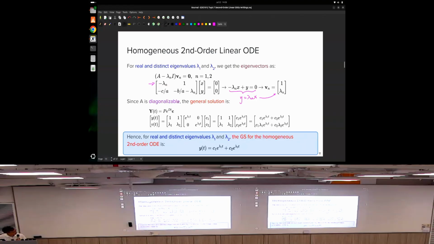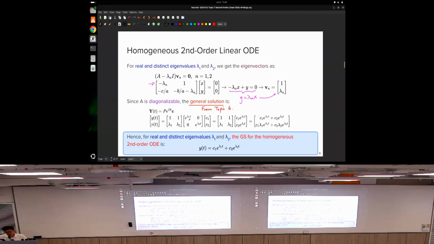Because you have 2 eigenvalues and 2 eigenvectors, A here is diagonalizable. So we just use our general solution from topic 6, which we just went through. Plug in V1, V2 generally in terms of lambda.